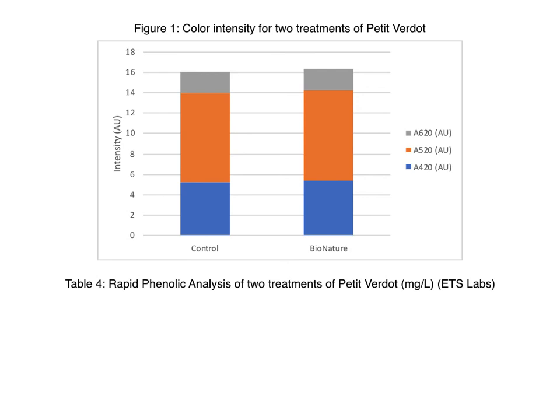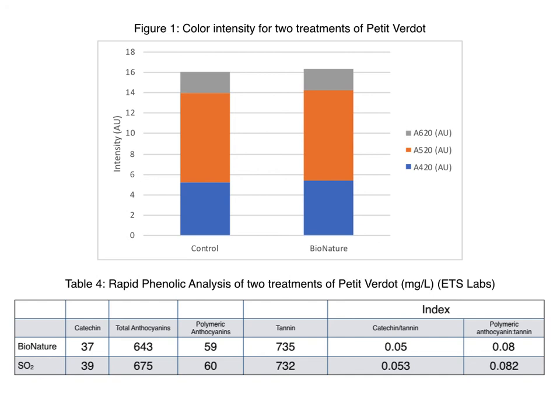We did go ahead and run a rapid phenolic analysis on this as well to see if we would see a difference in the anthocyanins or in any of the tannin component, again, as a result of having used SO2 at crush. And in this case, we can see that the total anthocyanins are a little bit higher in the SO2 than in the Bio Nature. But when we look at that proportionally, it's not a big difference.